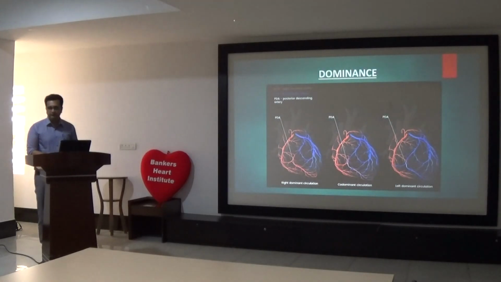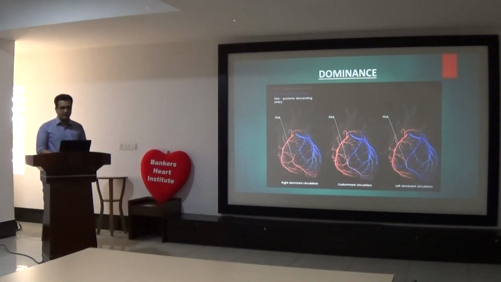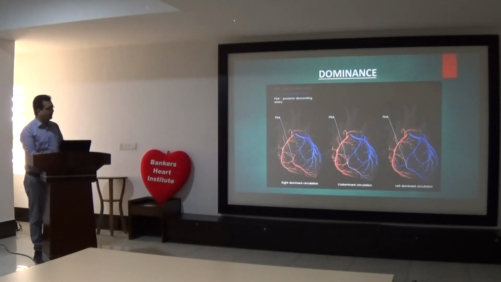This is the concept of dominance, that is, dominance is decided upon which artery gives rise to the posterior descending artery. So if the posterior descending artery in the posterior interventricular groove arises from the right coronary circulation, that is the right coronary artery, it is known as right dominant circulation.